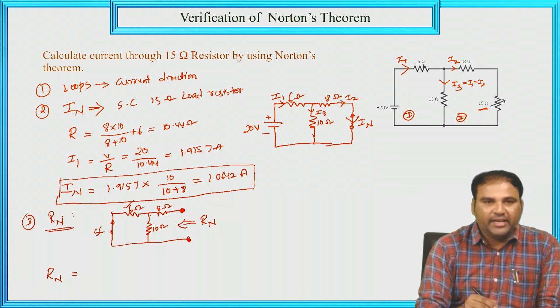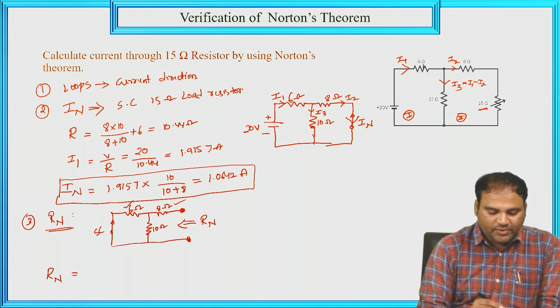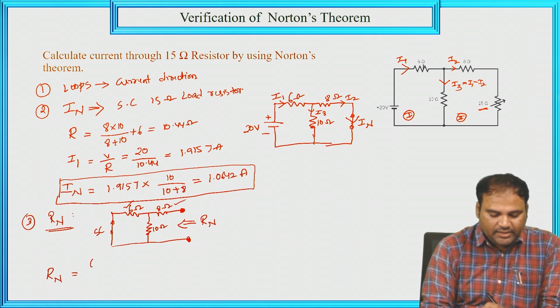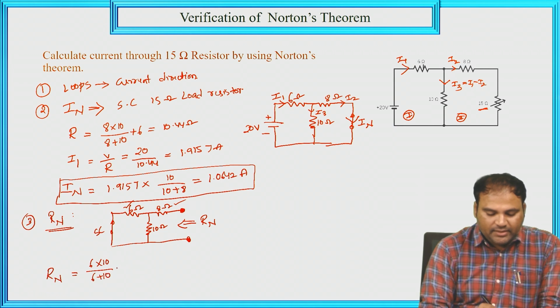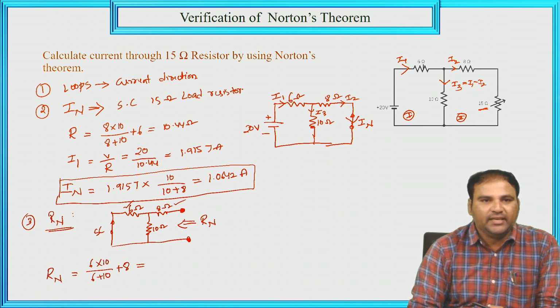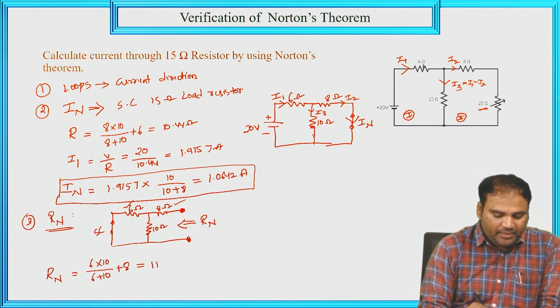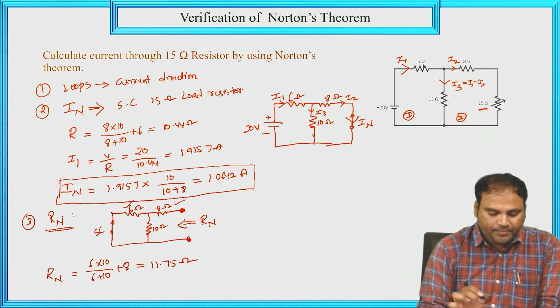This parallel combination is in series with the 8 ohm resistor. So the Norton's resistance Rn equals 6 into 10 divided by 6 plus 10, plus 8. By solving this equation, we get the Rn value, that is 11.75 ohm. This is the Norton's resistance Rn.